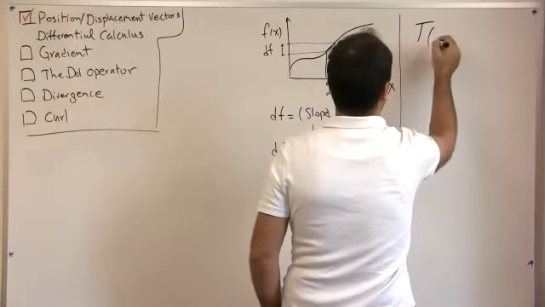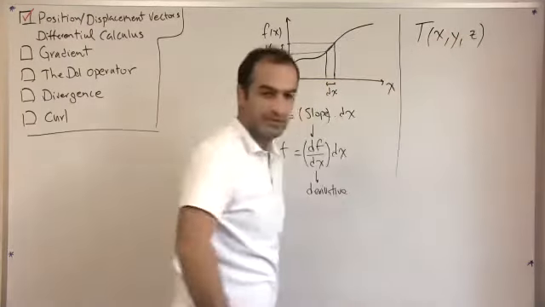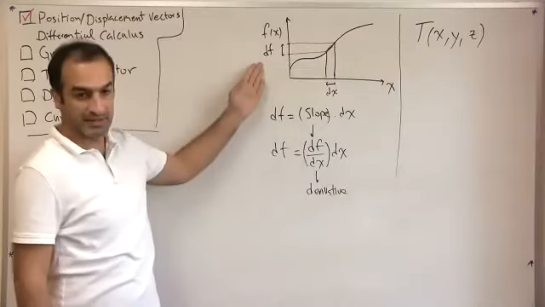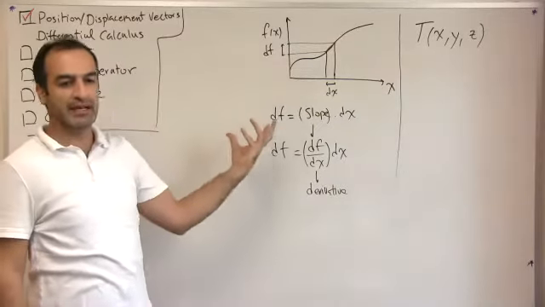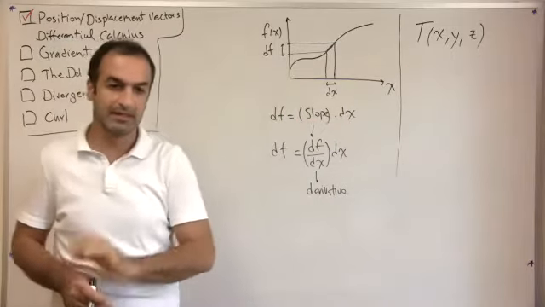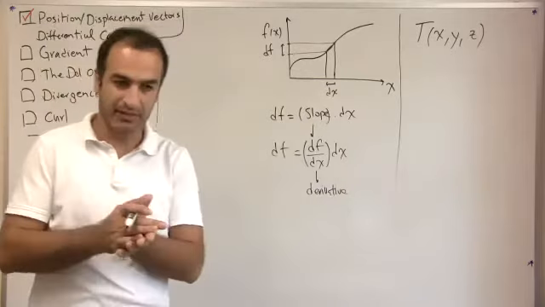Let's say t being a function of x, y, and z. This is a 3-dimensional function. This was a 1-dimensional function. How do we map the same concept onto a 3-dimensional function? That's where the gradient comes into use.